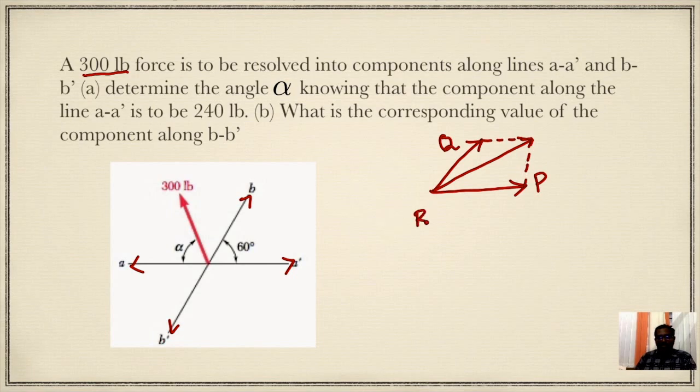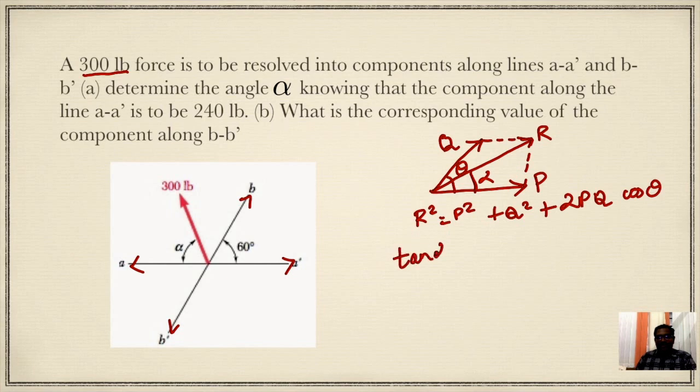So basically that gives r square is equal to p square plus q square plus 2pq cos theta, where theta is the angle between p and q, and then you have another angle alpha between the resultant and the horizontal p. So that goes like tan alpha is equal to q sin theta divided by p plus q cos theta.